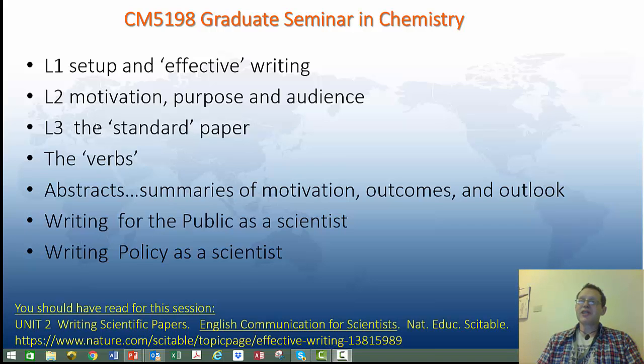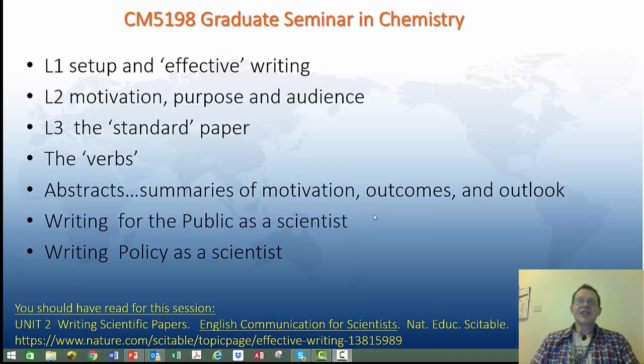Our pattern for this week is fairly familiar. We'll do our last little trawl through the verbs, then abstracts, summaries of motivation, outcomes and outlook. Then, maybe surprisingly, we're going to do just a tiny bit on writing for the public as a scientist.